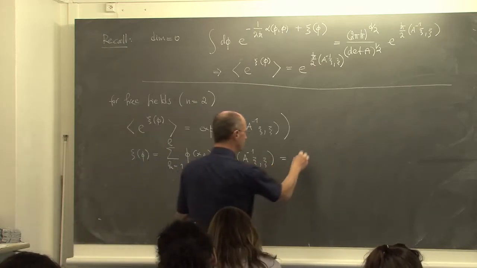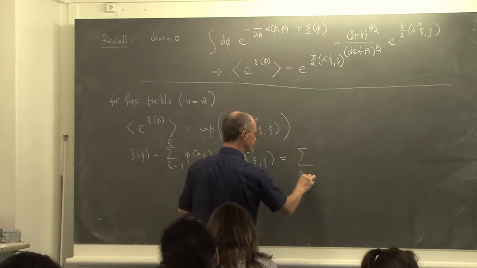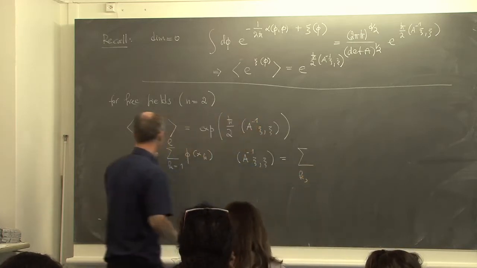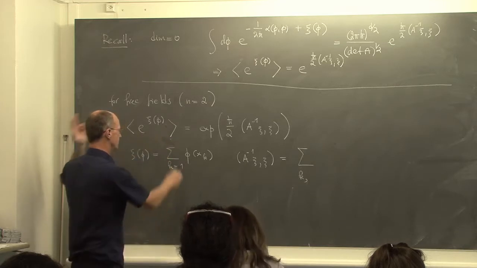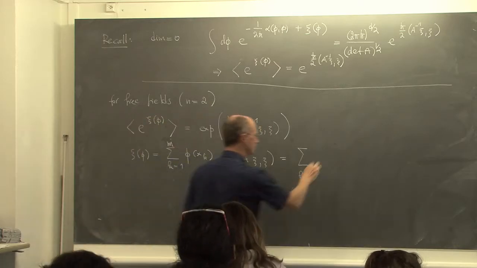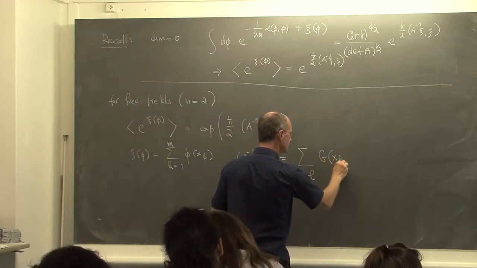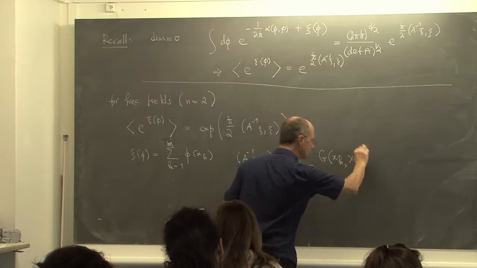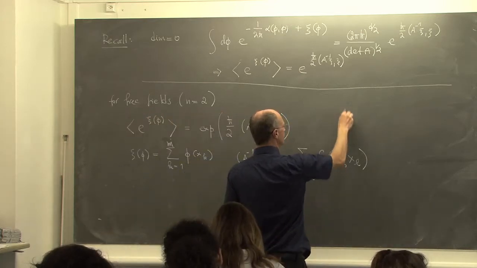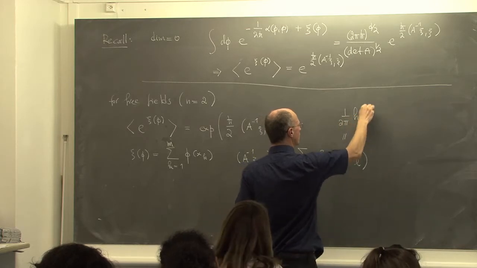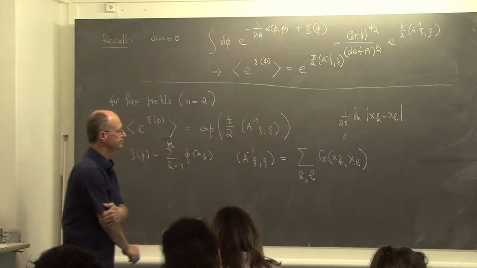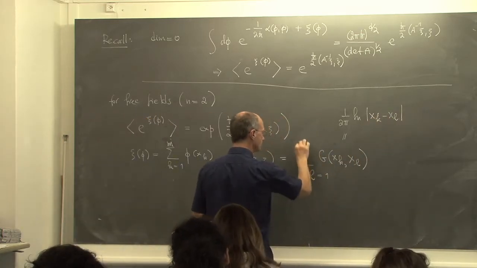Well, clearly this will be a sum over terms, k and, let me choose some other letter, let's say M, so the sum over k and l from 1 to M of g of xk, xl. And let me recall that g in this case is 1 over 2 pi log of the distance xk minus xl.